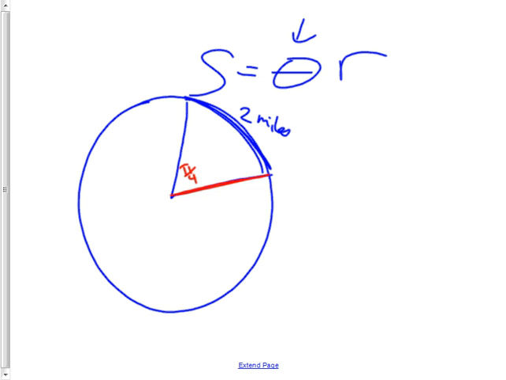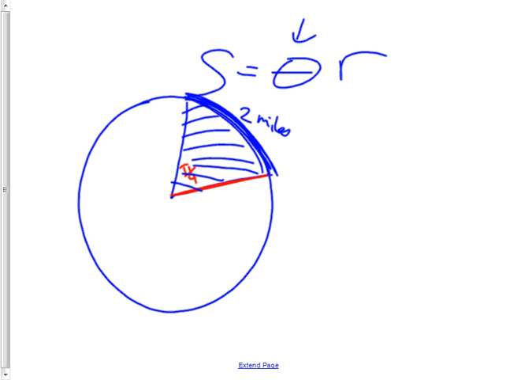So anyway, the reason I say that is you're going to be in the context of a search radius, and let's say they've searched this sector right here, and you know that the boat went 2 miles from the center of the circle in its arc, and then they could ask what was the radius of the search area.